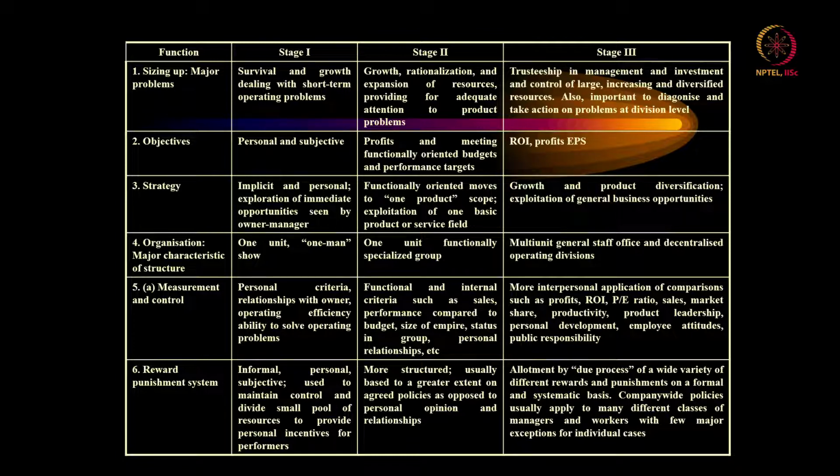Now, come to objectives. Stage 1 is personal and subjective, because it is the entrepreneur who is guiding, he takes the decisions, and if it succeeds he takes the credit. Suppose it flounders, then he will be blamed. So, this is a typical Indian scenario.